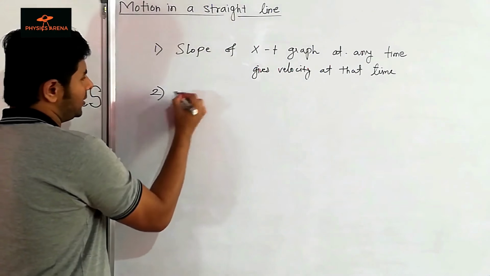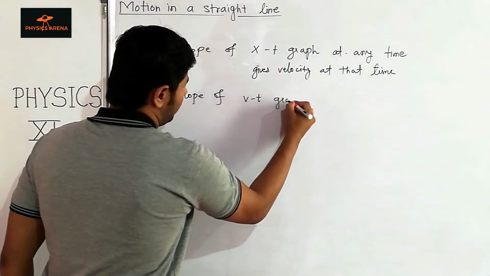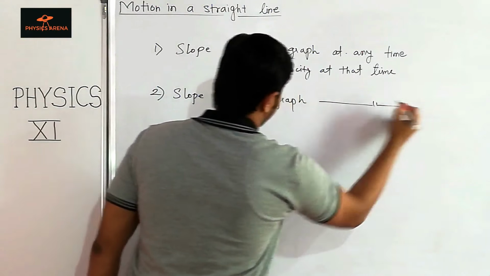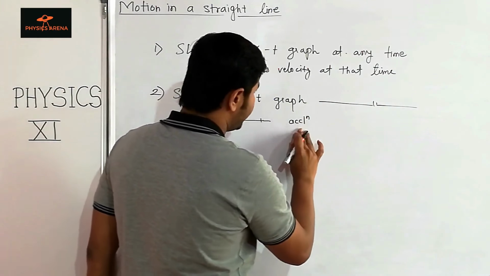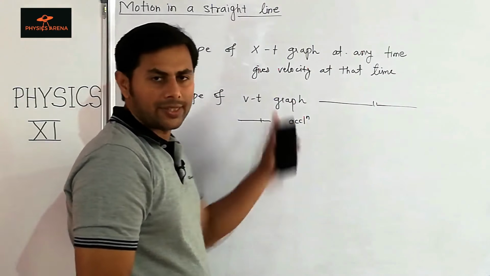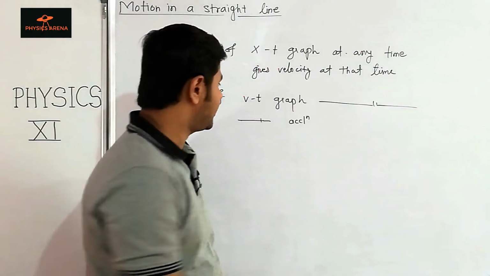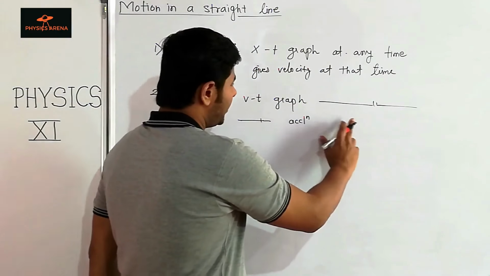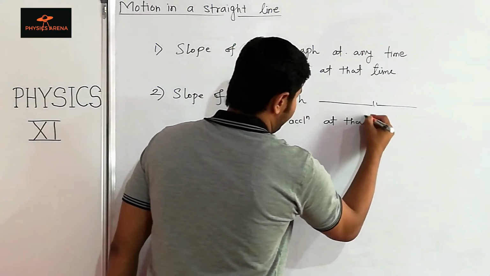Similarly, the second thing is that the slope of the vt graph at any time gives the instantaneous acceleration at that time.